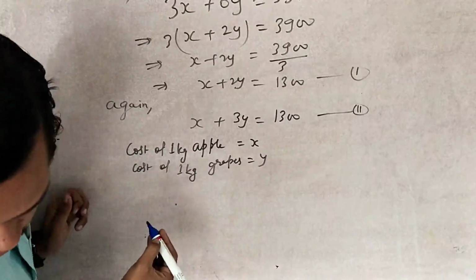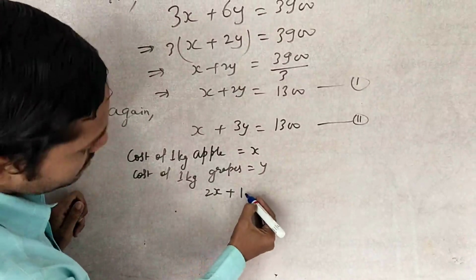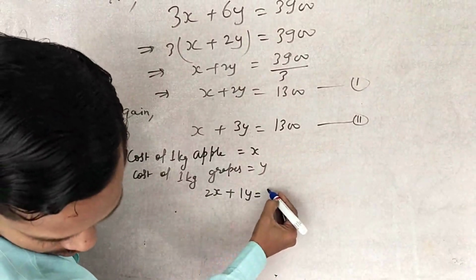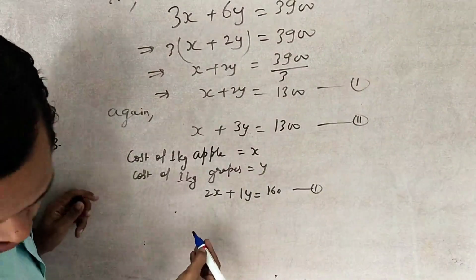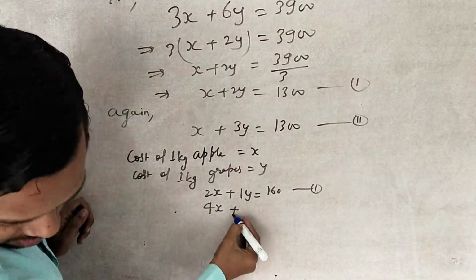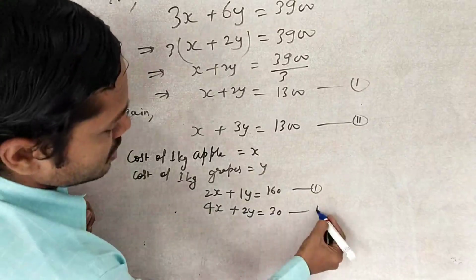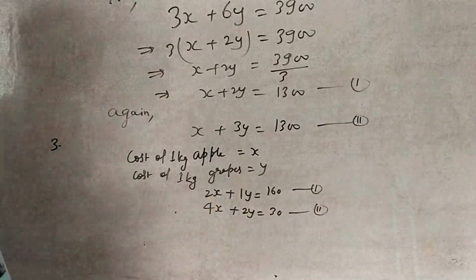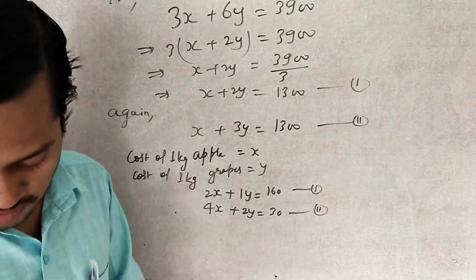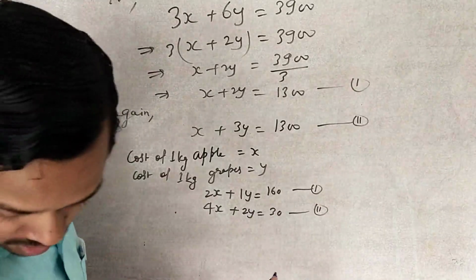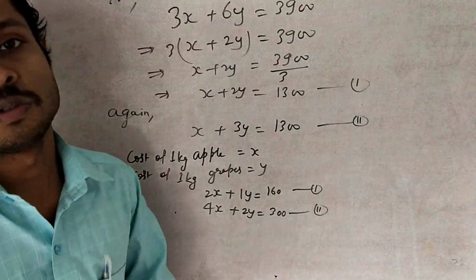What are the equations? 2 kg apple, 2x, 1 kg gram, 1y is equal to 160. Another month, after a month, 4 kg of apple, 4x plus 2y is equal to 300. Clear? So I have given the hints of both the solutions. You will have to try to solve this question. Thank you.